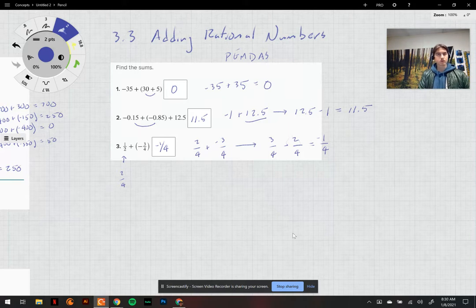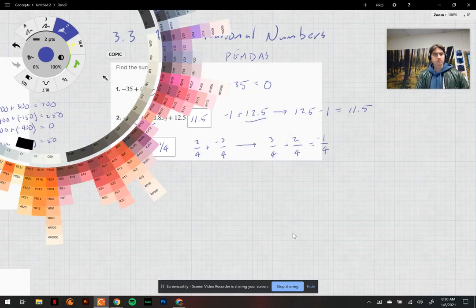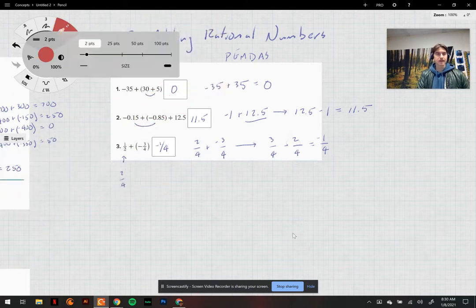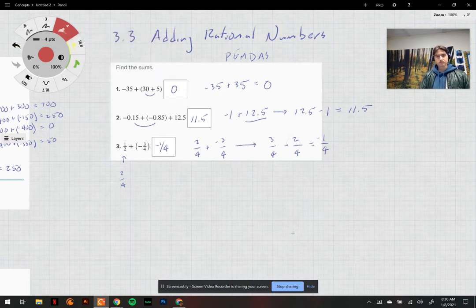All right, so basically what we did, ladies and gentlemen, was we just applied our understanding of using the magnitudes to determine if it's positive or negative.